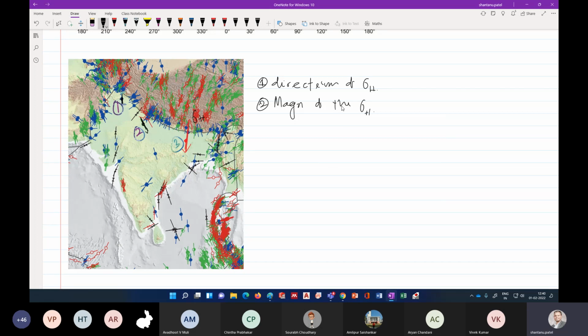They give you some idea, but from this point to this point it can be maybe 900 kilometers, right? So if you have some project between here, you can just assume that my direction is this direction, but if you want to construct something there, you need to really do some kind of site investigation, or maybe in situ stress measurement.